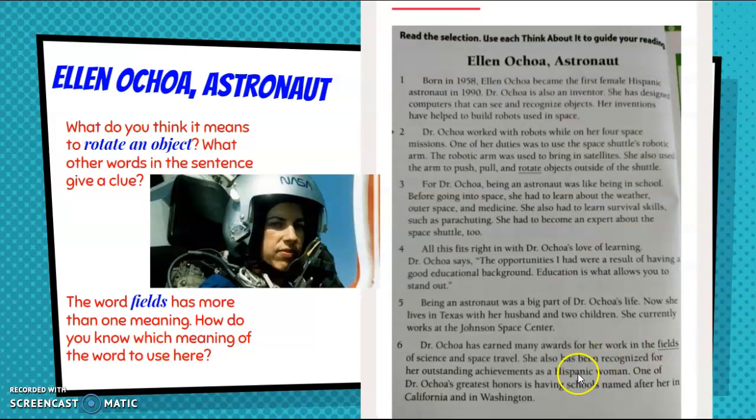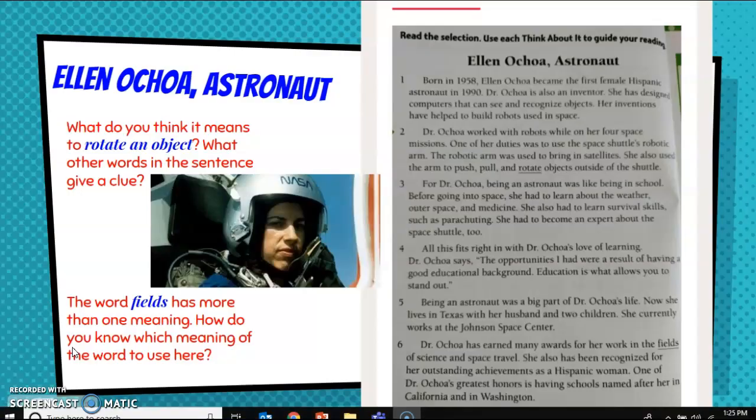It says, she also has been recognized for her outstanding achievements as a Hispanic woman. One of Dr. Ochoa's greatest honors is having schools named after her in California and in Washington. So when I look at the word fields again, I know that it doesn't have anything to do with a broad or large piece of land that may be growing fruits or vegetables.